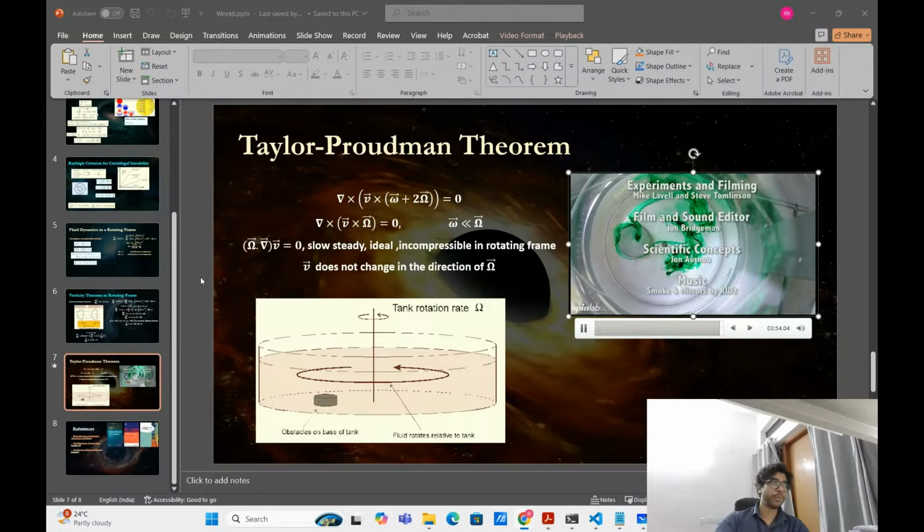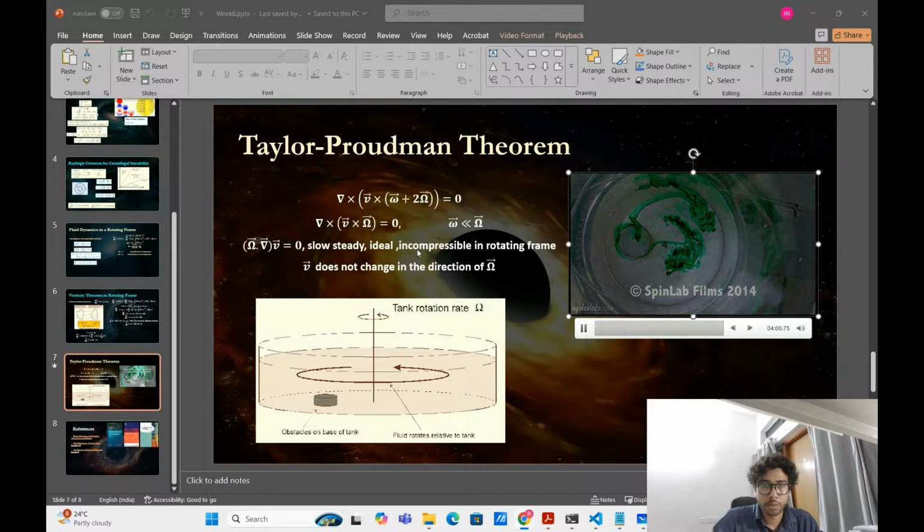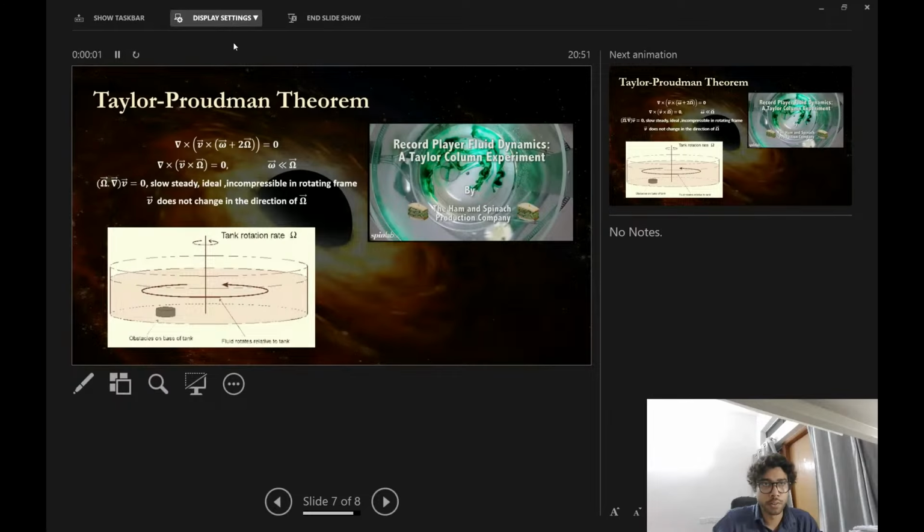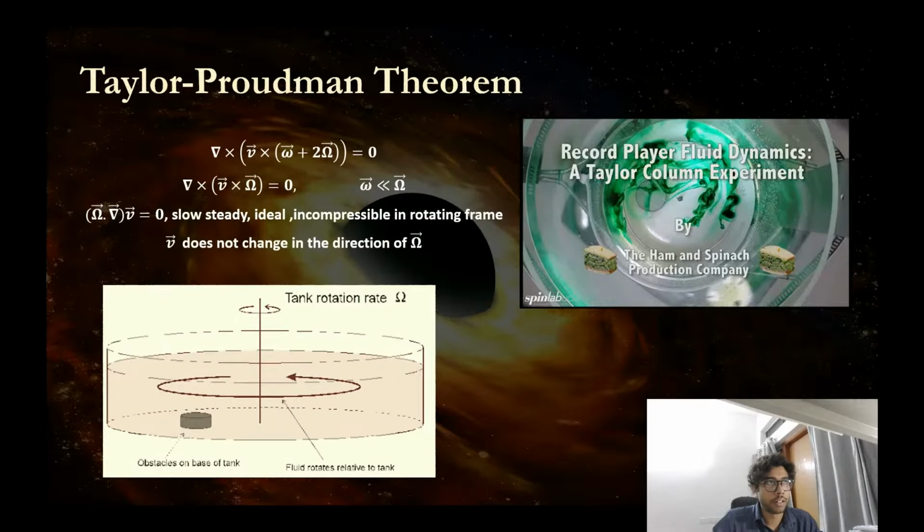So you can check that out. But this is what the Taylor-Proudman theorem talks about, and these are very important in some cases like weather prediction and many other geophysical scenarios.